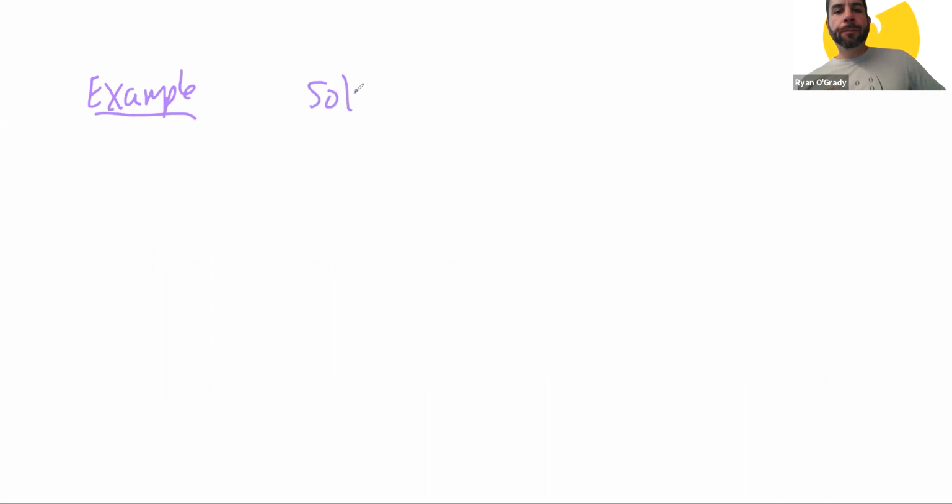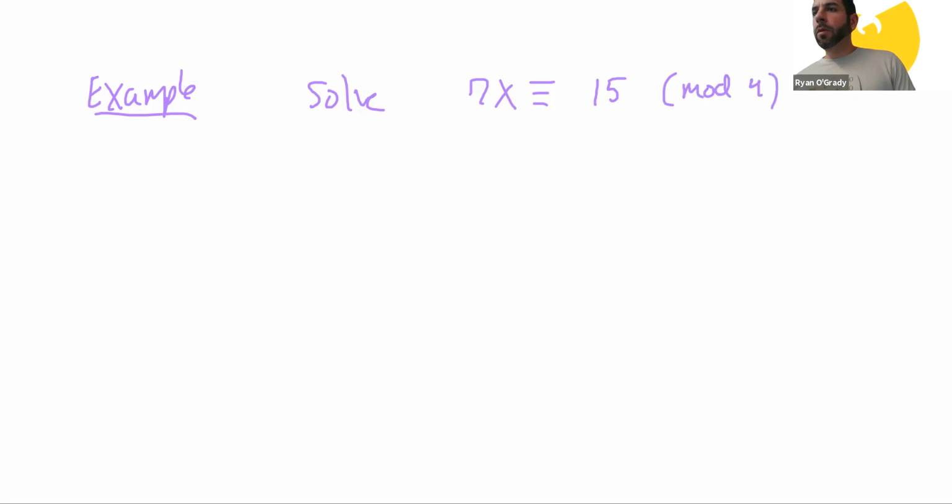We had an inverse for 7. So let's say we want to solve 7x is congruent to 15 mod 4.